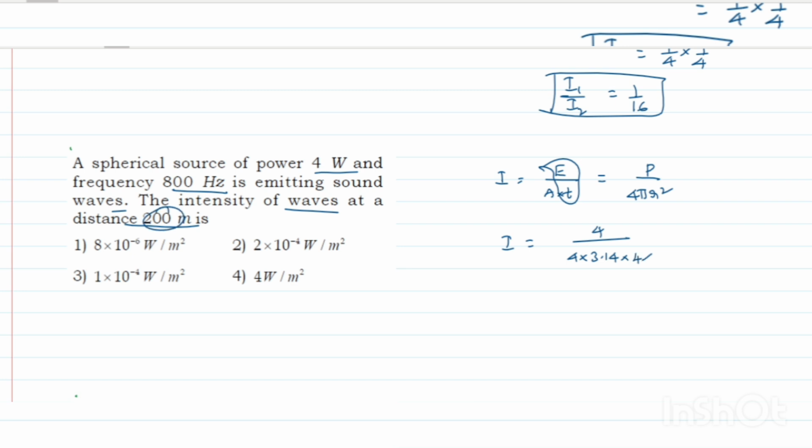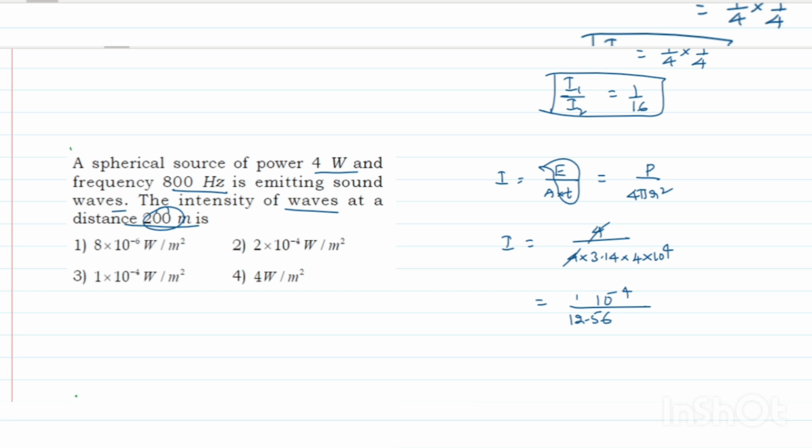2 2s are 4, into 10 power 4. This 4 gets cancelled, so you substitute and it becomes 10 power minus 4. In the denominator, 4 4s are 16, 4 1s are 4, it's 5, this is 12.56, into 10 power minus 4.